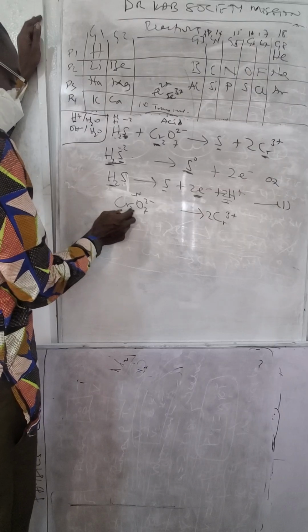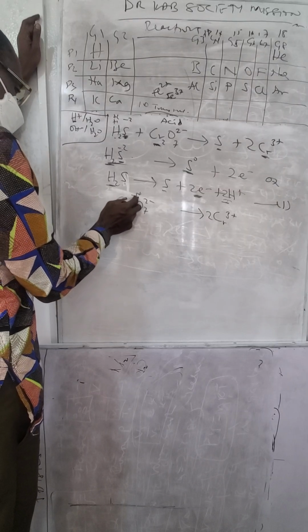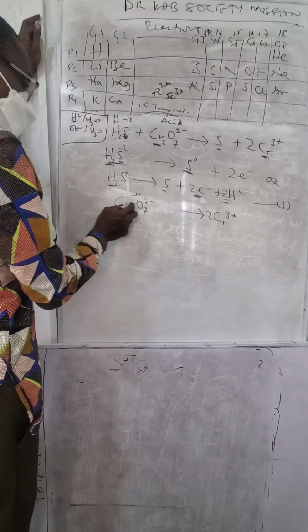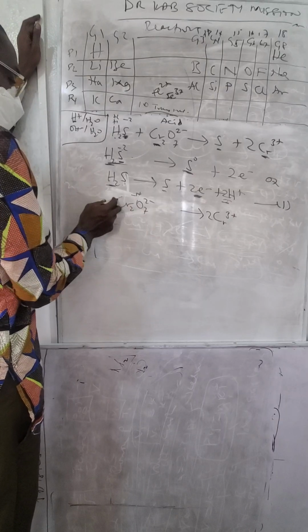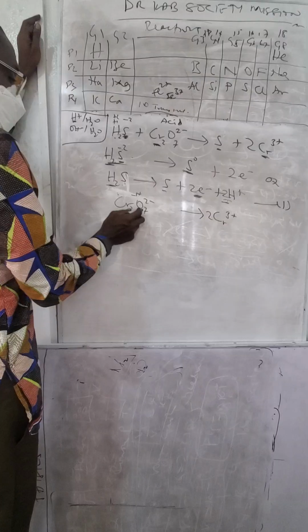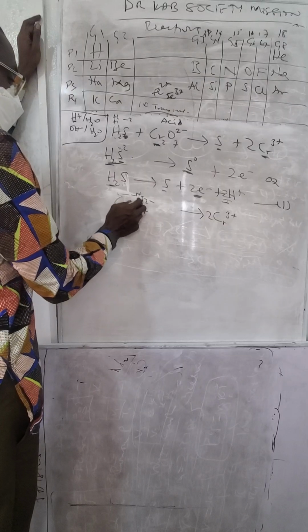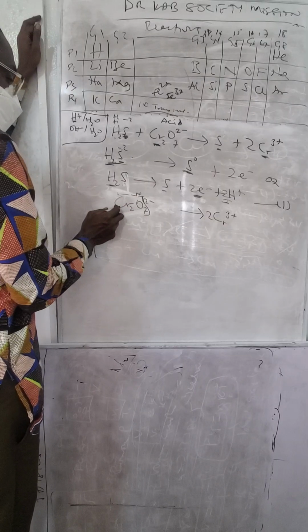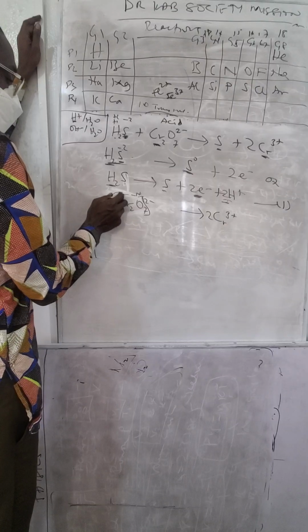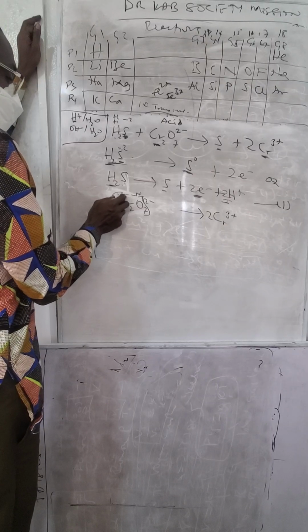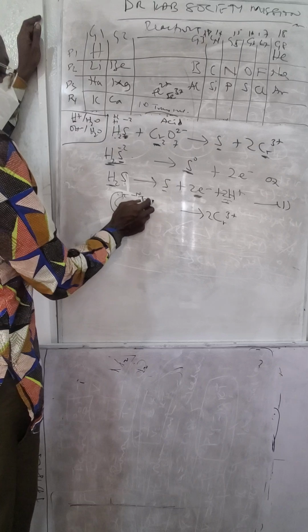The total charge on these two must be minus 2. So what charge should be on chromium to make the whole thing have minus 2 charge? It must be 12.